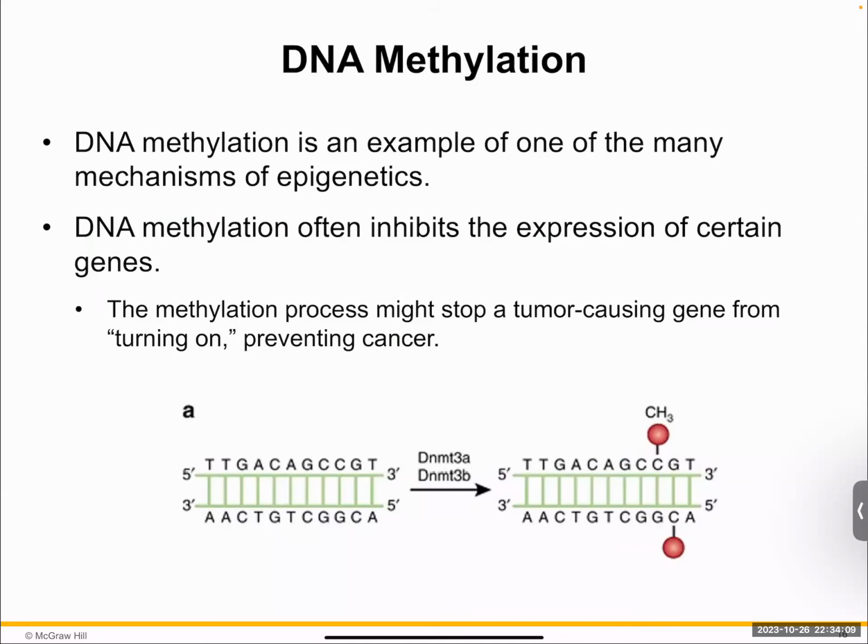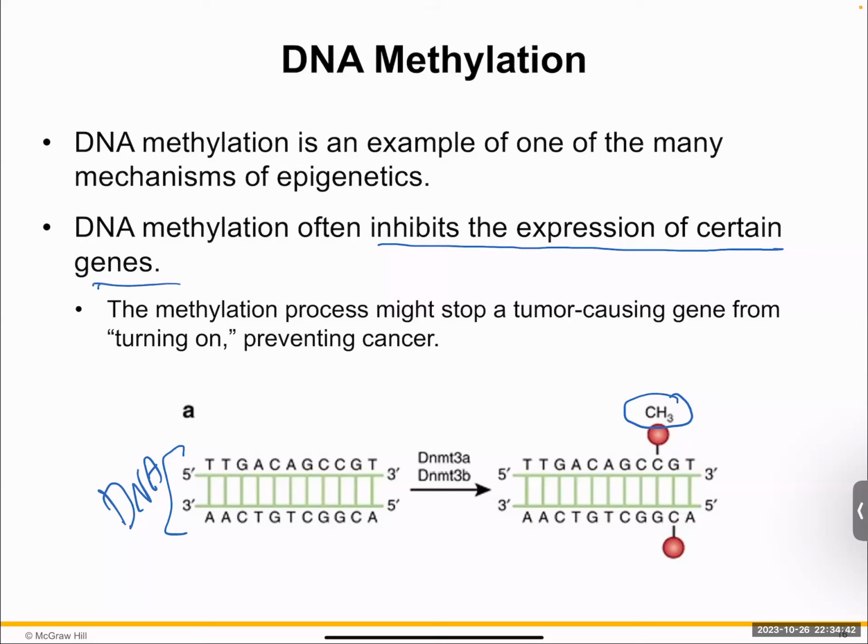Now, methylation. Methylation simply means addition of a CH3 group, or methyl group, to a sequence of DNA. First of all, I know this is DNA because it is a double helix, or double-stranded DNA. If you add a methylation to your DNA sequence, which is identified as one of the common epigenetic changes we can expect, it actually inhibits the expression of certain genes.